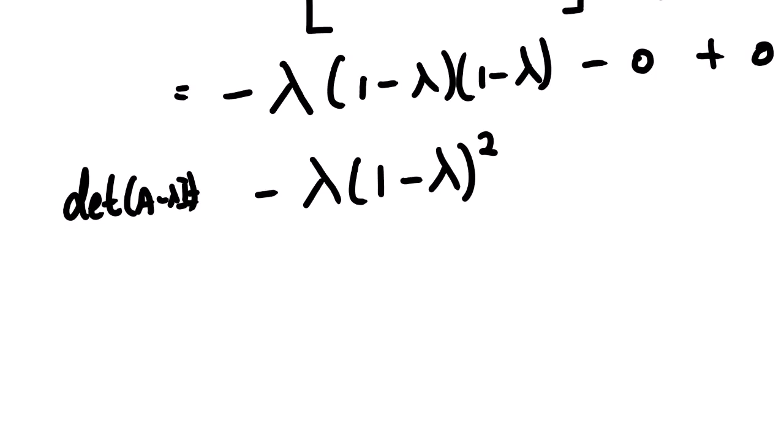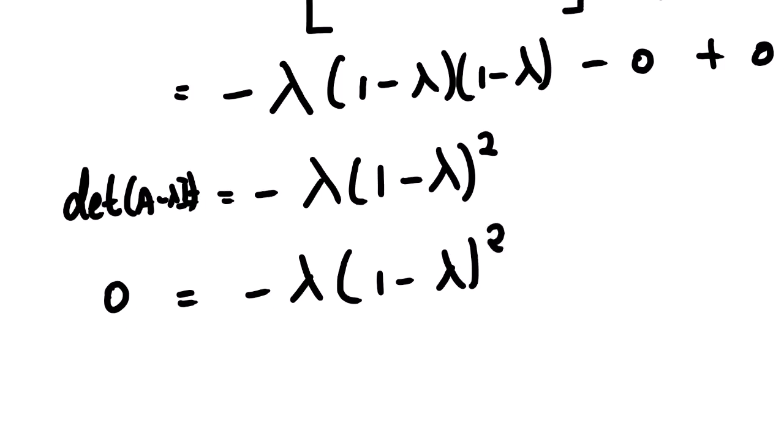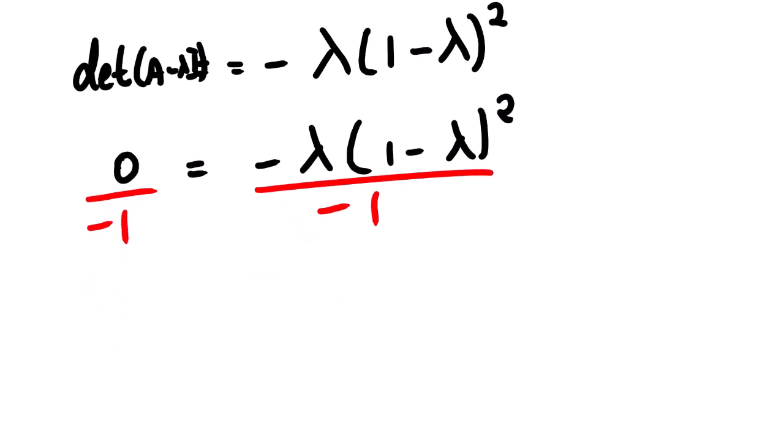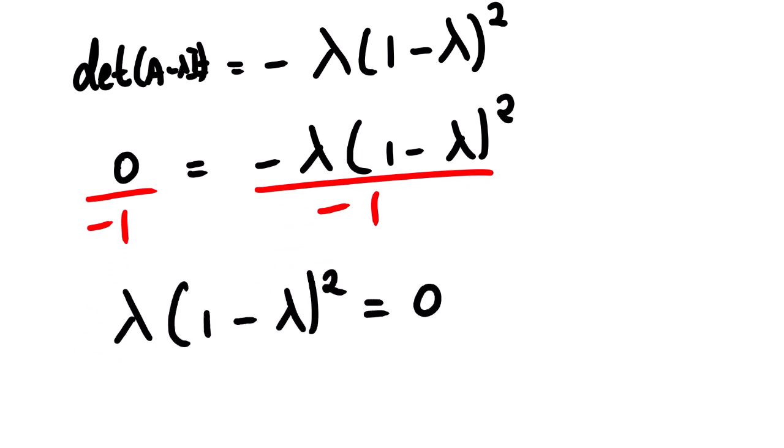Now to find the characteristic equation, we simply let the determinant be 0. Then we have 0 is equal to negative lambda times (1 minus lambda) squared, and then dividing both sides by negative 1, this is the characteristic equation.